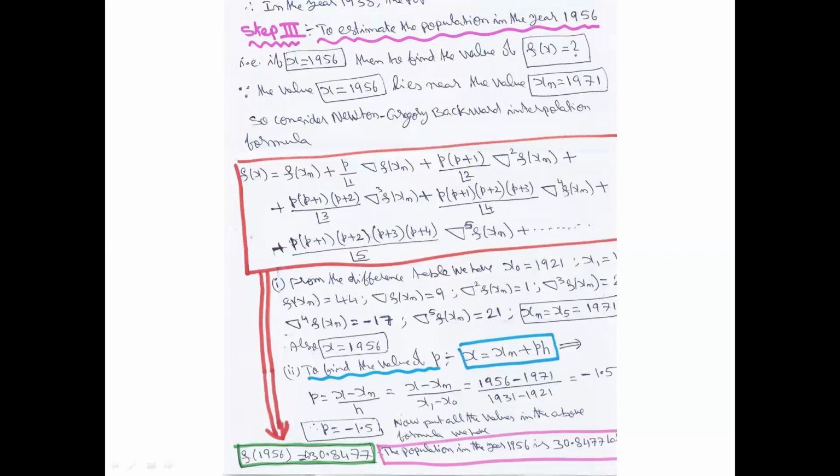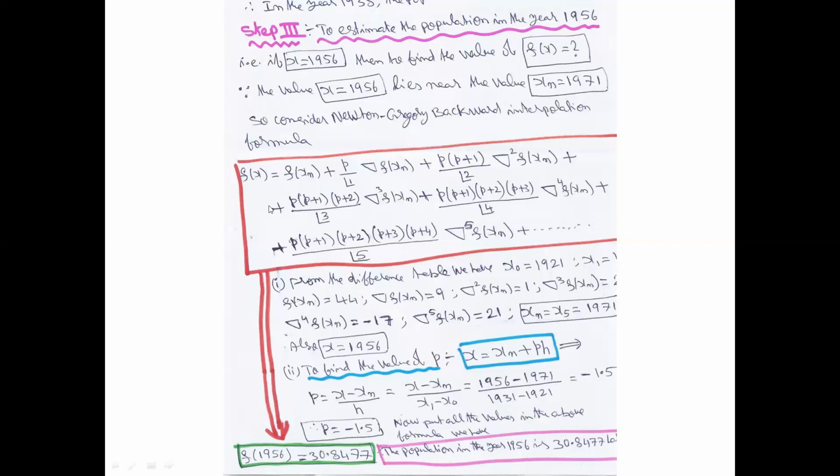If you get a different answer, compare it with other students. If two or three of you get the same answer, then that will be correct instead of this value. If it is the case, confirm it with me. So according to me, the population in the year 1956 is 30.8477 lakhs.